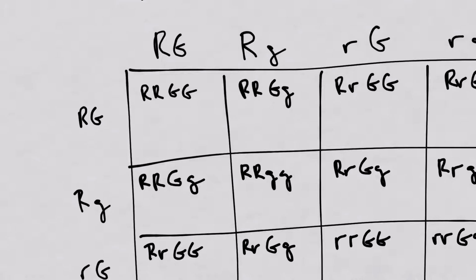So remember, round is dominant over wrinkled and green is dominant over yellow. So this one in the first quadrant up here is big R, which means he's going to be round, and big G, which means he's going to be green. So he's going to look something like that.